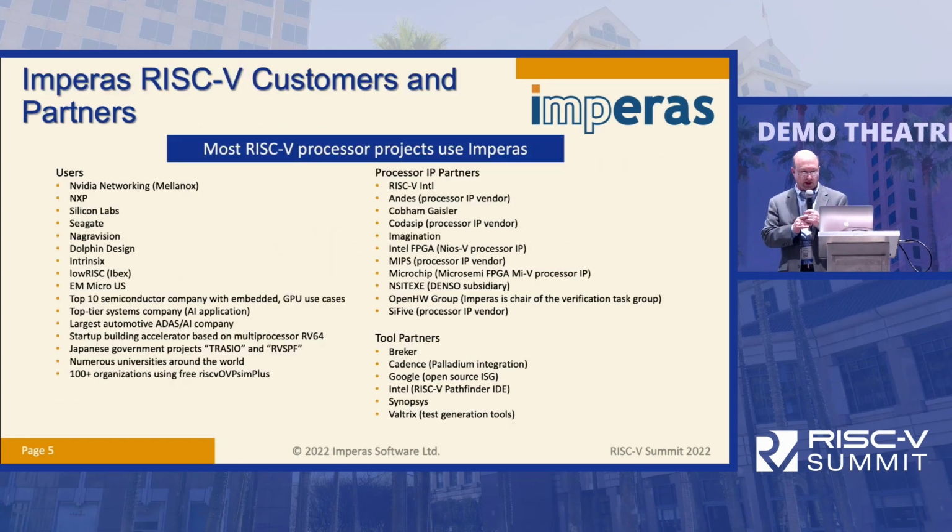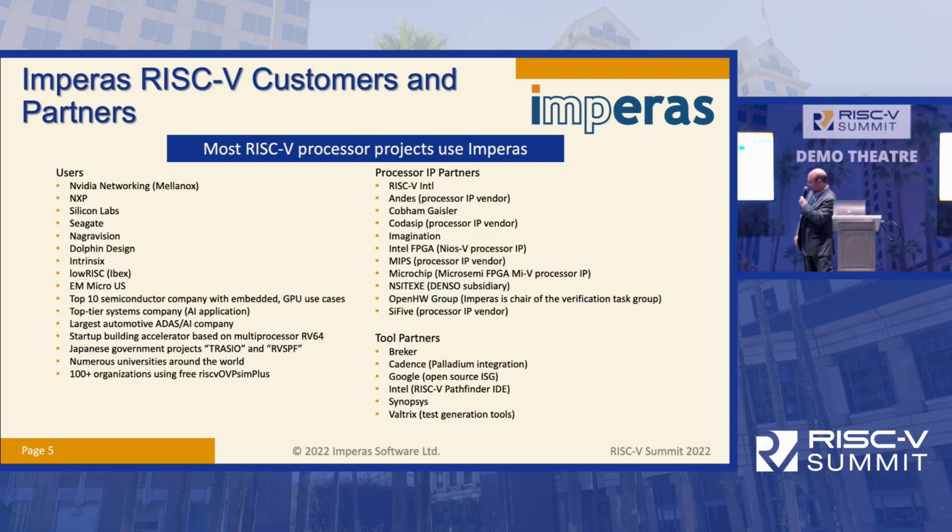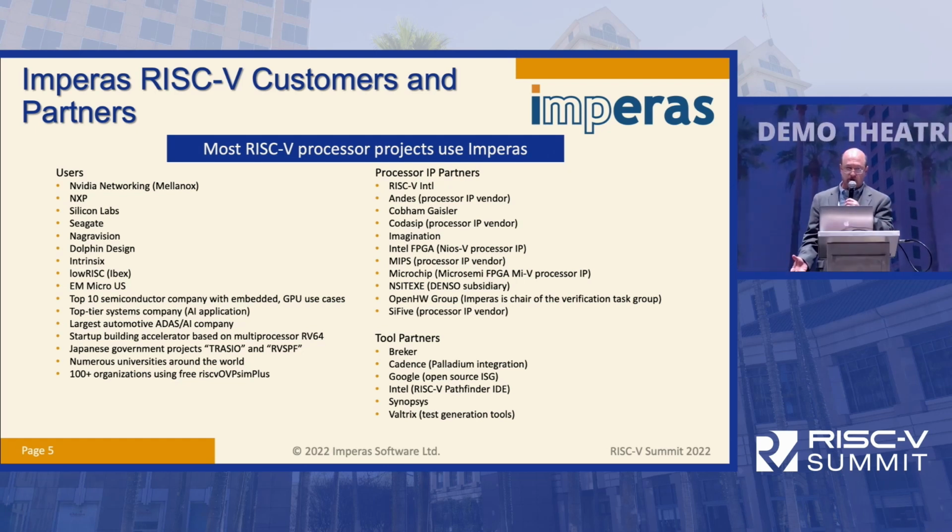And just to show this a little bit more, we've got NVIDIA Networking, NXP, Silicon Labs, Seagate, Nagravision, just down the list there, quite a number. But one of the key things is the free RISC-V OVP Sim Plus and more than 100 different organizations using the free.